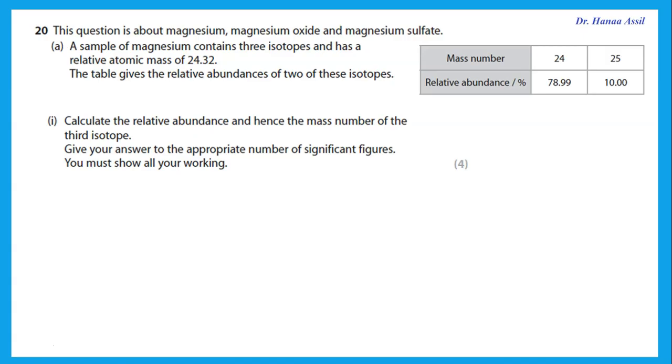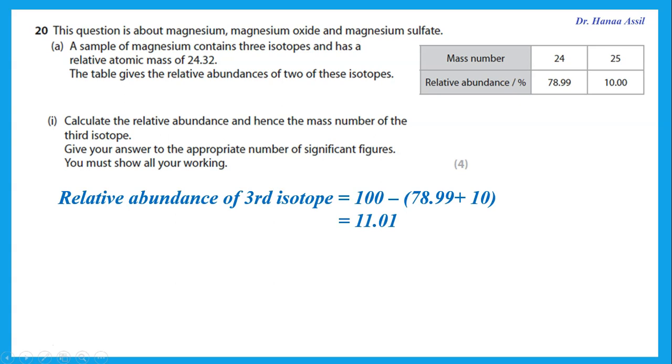We have 3 isotopes, and you should know that the relative atomic mass is the abundance times the first mass number plus the abundance times the second mass number plus the abundance times the third mass number. Now, we don't have the third. We're trying to get the third. If the abundance of the 24 is 78.99 and the 25 is 10, then the abundance of the third isotope is the rest of the 100.